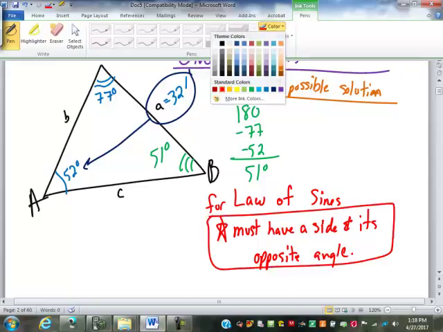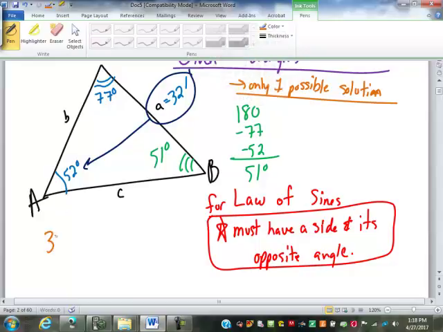So now what are we going to do with it? We've got 32 feet over the sine of 52 degrees. We now decide which other side we want to find at this point, B or C? B it is. That's going to be over the sine of its opposite angle. What angle goes in there? 51. Now, before we punch anything in our calculator, is little b going to be bigger or smaller than 32?